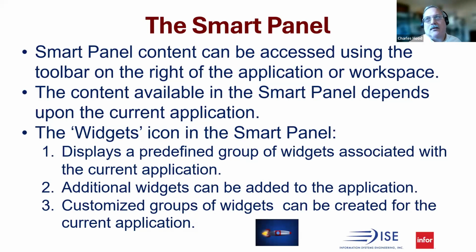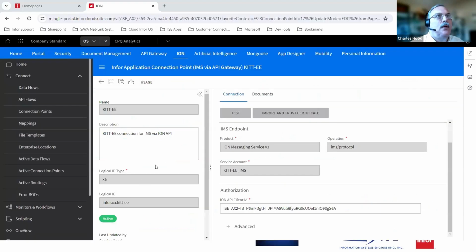So you might be in an XA purchase order or a System 21 sales order, whatever you're looking at, you'll see the information from the predefined group of widgets. But just because it's predefined doesn't mean it's etched in stone. Additional widgets can be added to applications, and you can even customize groups of widgets for applications. So let me show you a little bit of what I'm talking about here.